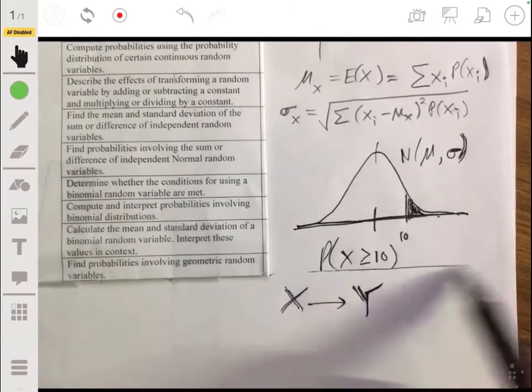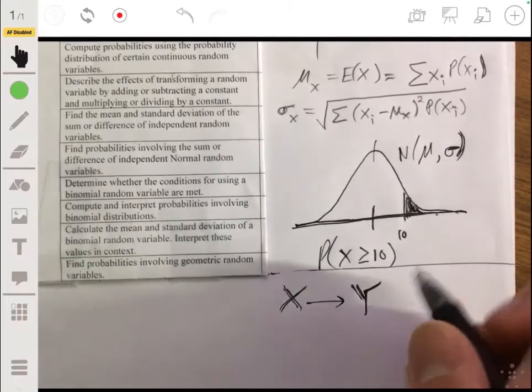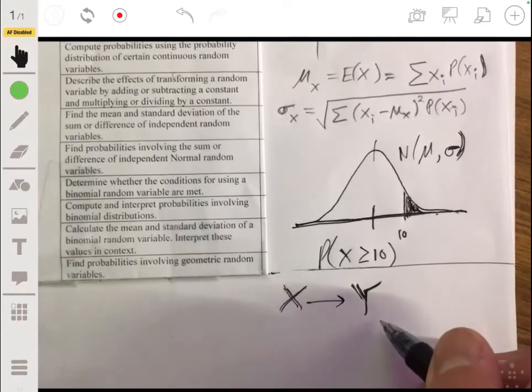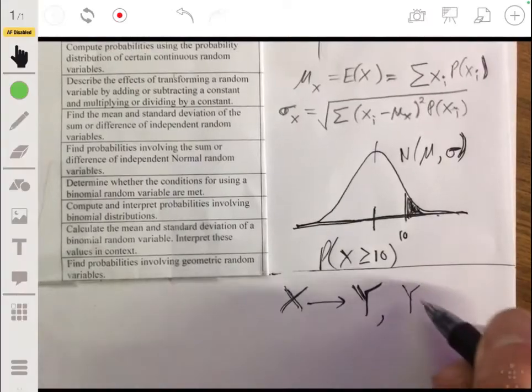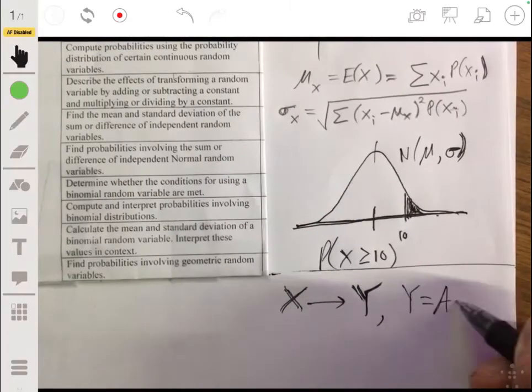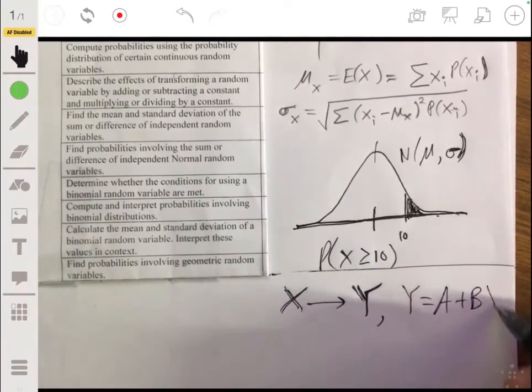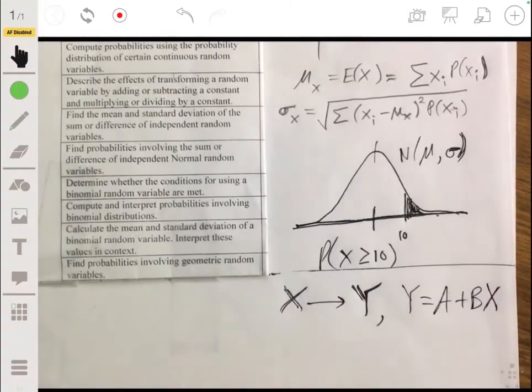And we have this general formula where y is going to be equal to a plus b times x. Y equals a plus b times x. We call that a linear transformation. That's how we address it mathematically.